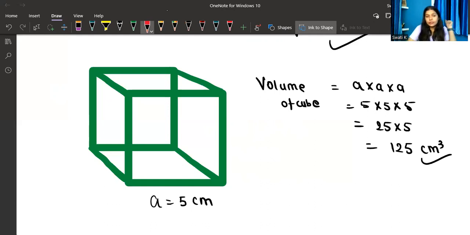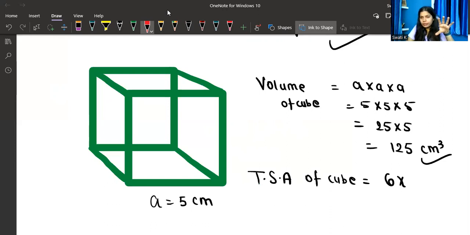Now next we have to find out, of course, the total surface area. So total surface area of a cube, we know the formula. It is 6a square. And also, what is the meaning of total surface area? The meaning of total surface area is simply we have to include every face. How many faces are there? 6 faces are there. So we have to include all the faces. So total surface area of a cube is 6 times, and then each face is a square, and the area of a square, we know, is side into side. So 6 times a square.